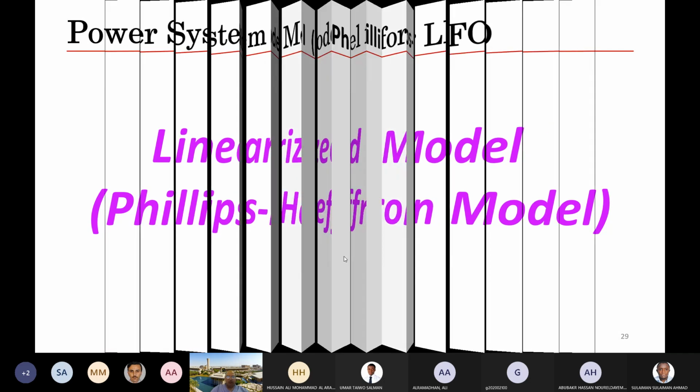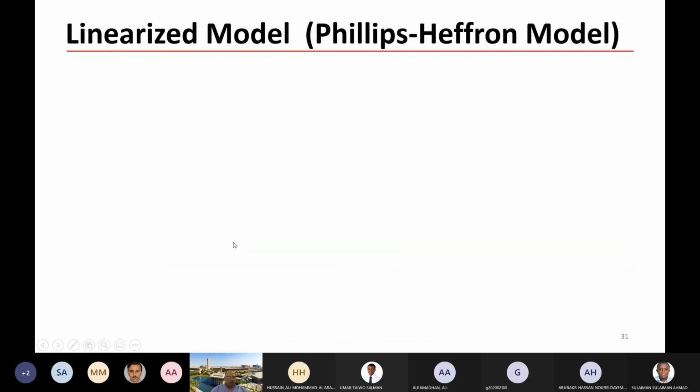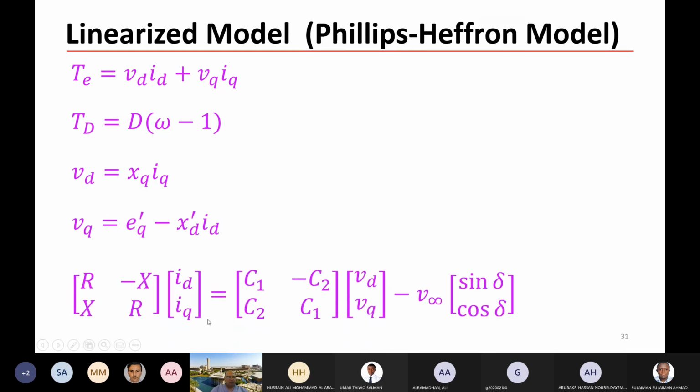So we need to linearize this nonlinear model. We have these 4 equations, and these are the algebraic equations, which of course we found with the single machine infinite bus. We have this equation in our hand.